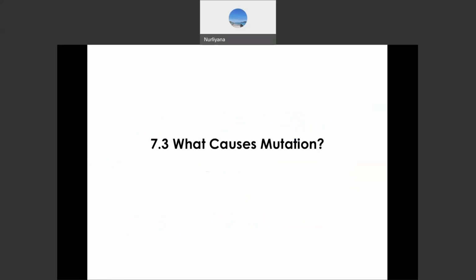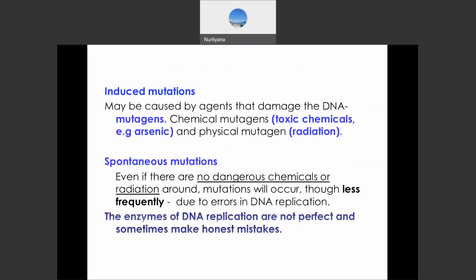How does the mutation occur? It has been identified that there are several ways cells can be mutated, and mostly it is because of agents, like toxic chemicals, and also physical agents like radiation.